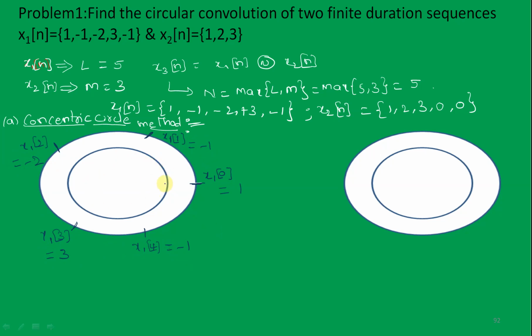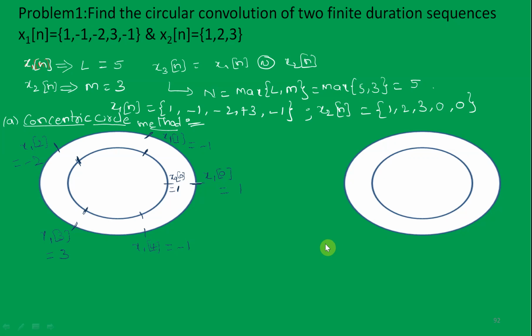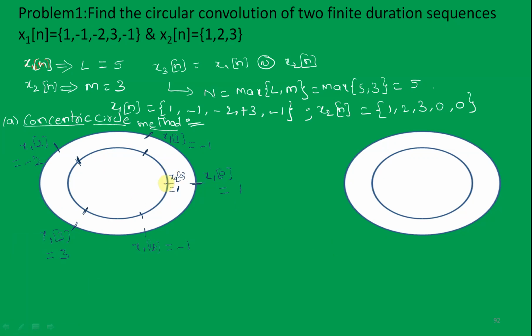In the inner circle, locate the x2 of n samples. Place the x2 of n values in the inner circle. Where we start x1 of n, we should start x2 of n also.